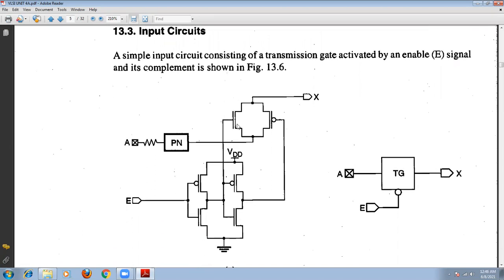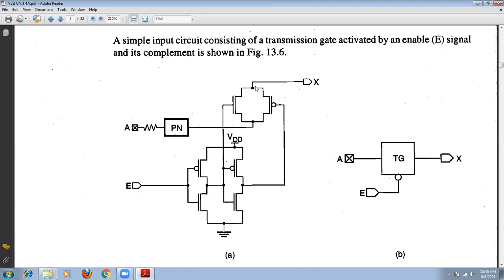This is the transmission gate, this is the protection network, and this is the input pad. The signal enters the pad and passes through the protection network.